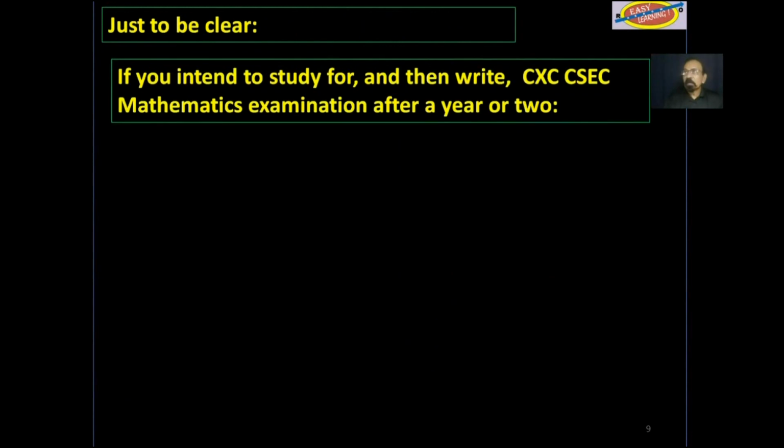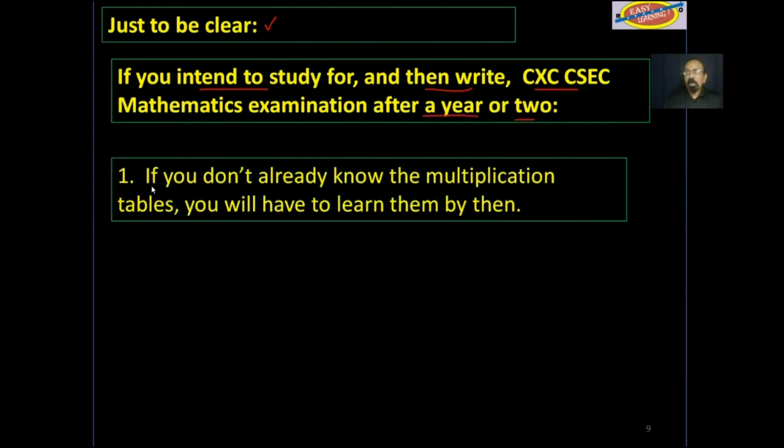Now, before we continue, just to be clear, if you intend to study for and then write the CSEC mathematics examination after a year or two, if you don't already know the multiplication tables, you will have to learn them by the time you are ready to write the exam.